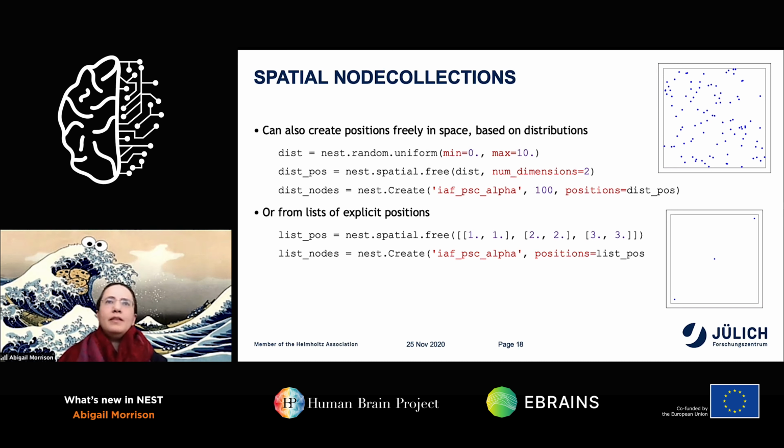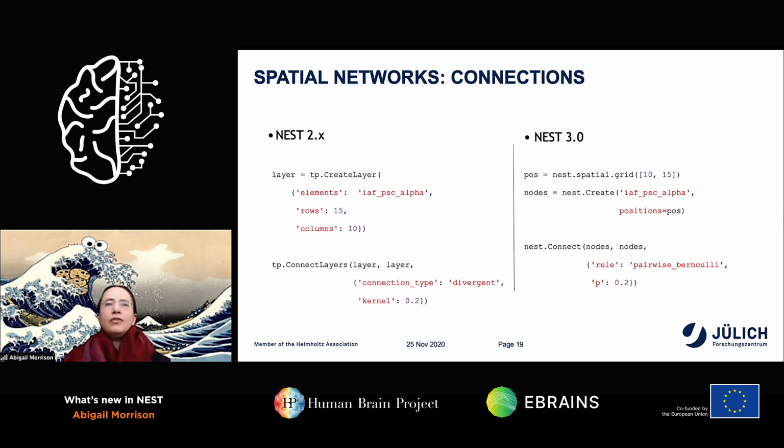So many of these things would have been possible before with the previous versions of NEST, but they required some quite advanced knowledge of how to deal with the topology library, and now these functions are much more accessible, much more comprehensible. So here again, the comparison between the NEST 2 series and the NEST 3 series.